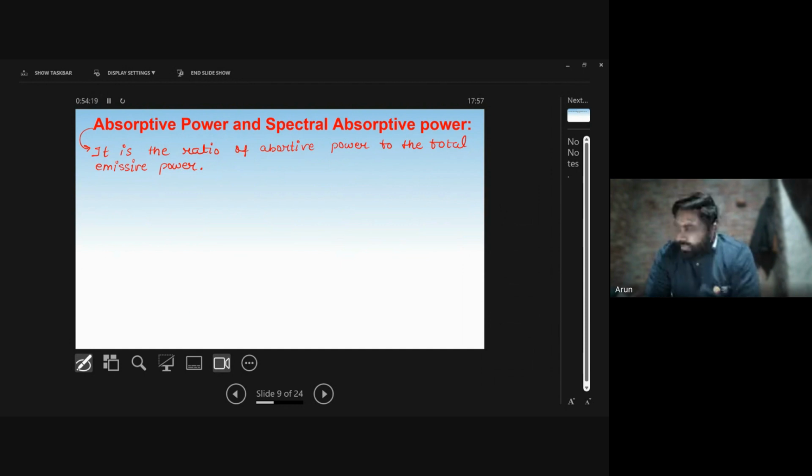This thing is termed as the absorptive power.